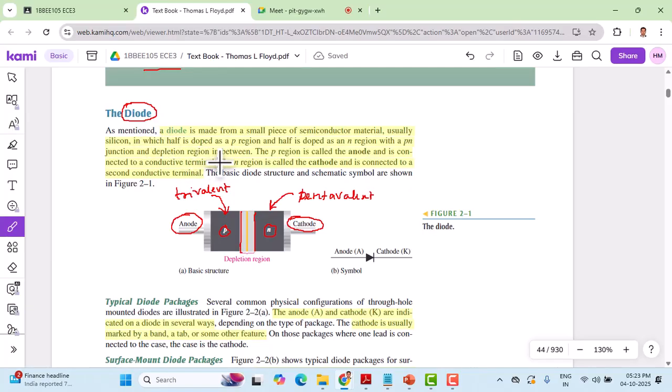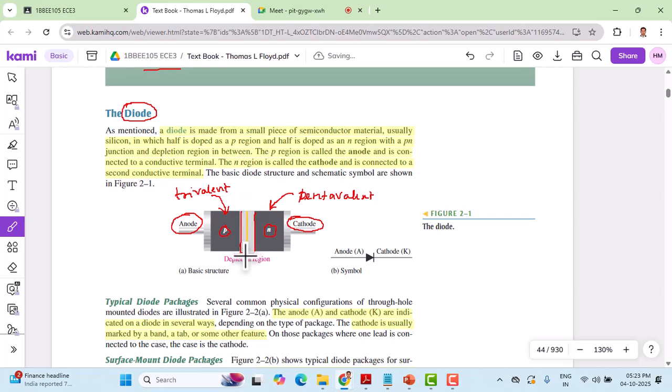All right. So this complete material is a semiconductor material, and we have converted the intrinsic silicon semiconductor into the P region and the N region, and that forms the depletion region, or junction. The junction is the middle part.